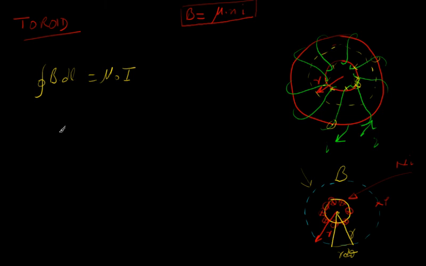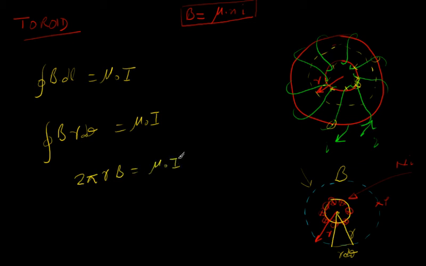Then you have the magnetic field B there, and the full integration of B r dθ is equal to μ₀I. Since r and B are constant, dθ integrates to a full 2π. It means you will get 2πrB equal to μ₀ times the total I.